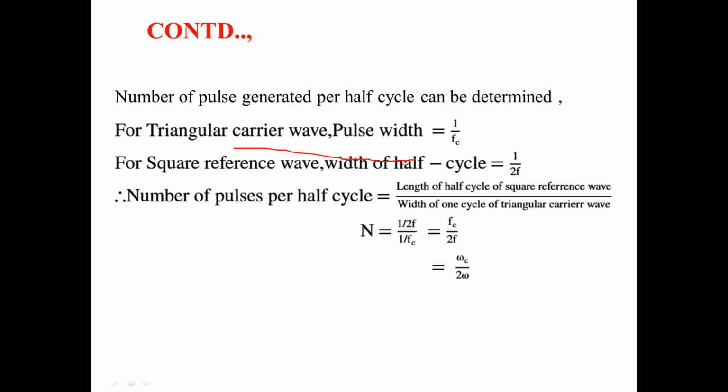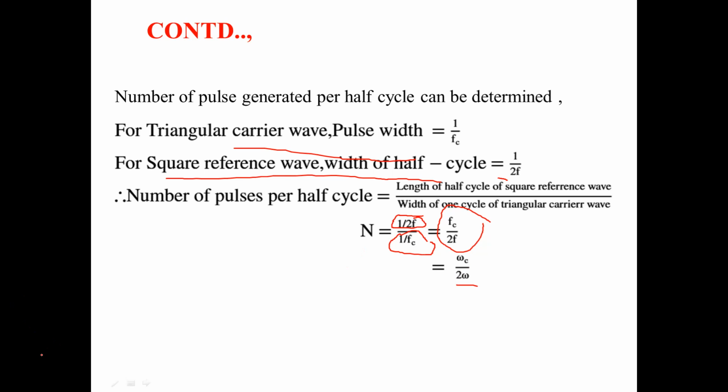The formula is the length of the half cycle of the square reference wave to the width of the triangle carrier wave, that is, 1 by 2f over 1 by fc. Calculating fc by 2f in terms of omega c by 2 omega.